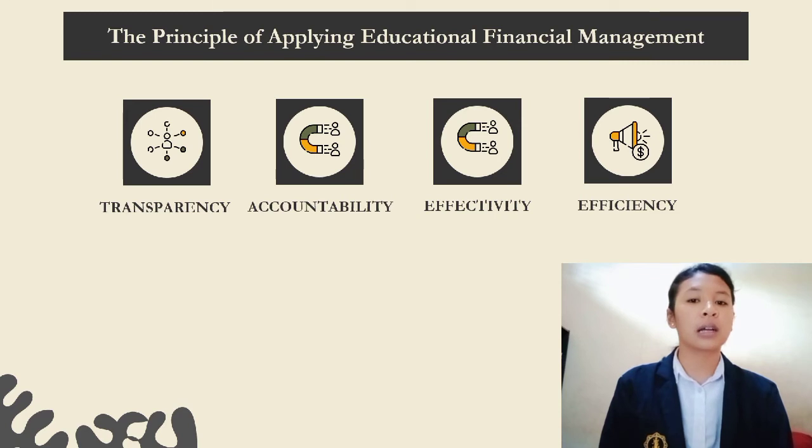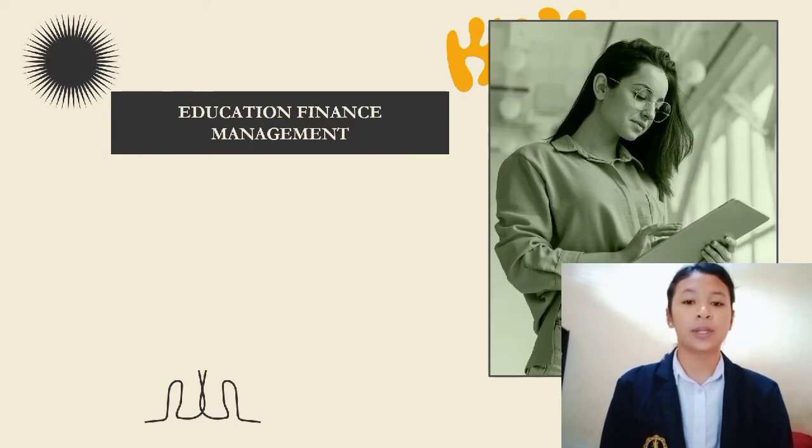Efficiency is kind of the same as effectiveness, so we should manage the finances so as not to buy unnecessary things. So that's all about the principles of applying educational financial management.